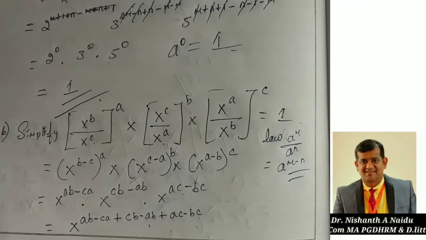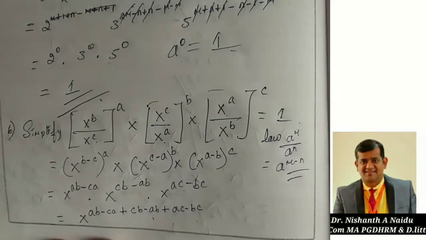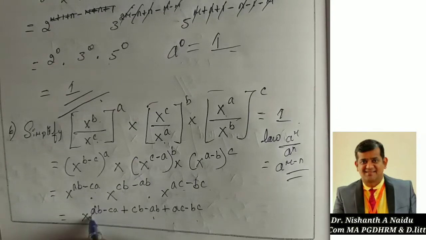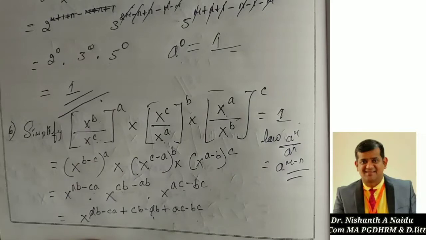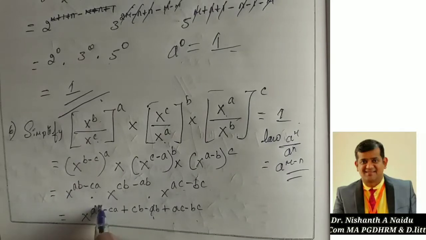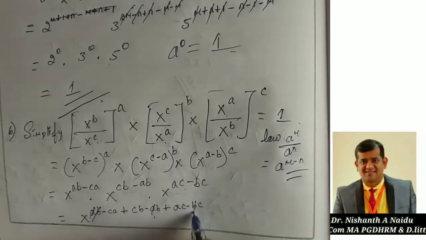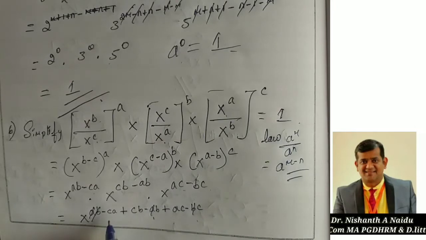Can we do that now? Yes, look here. Plus ab and minus ab get cancelled, plus ca and minus ca get cancelled, plus bc and minus bc get cancelled.